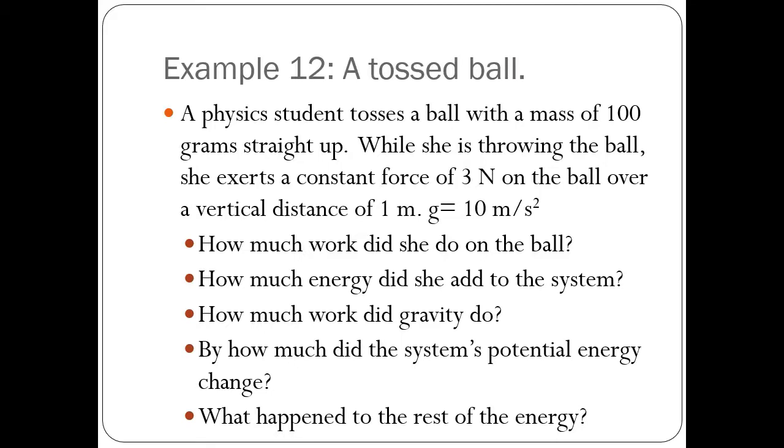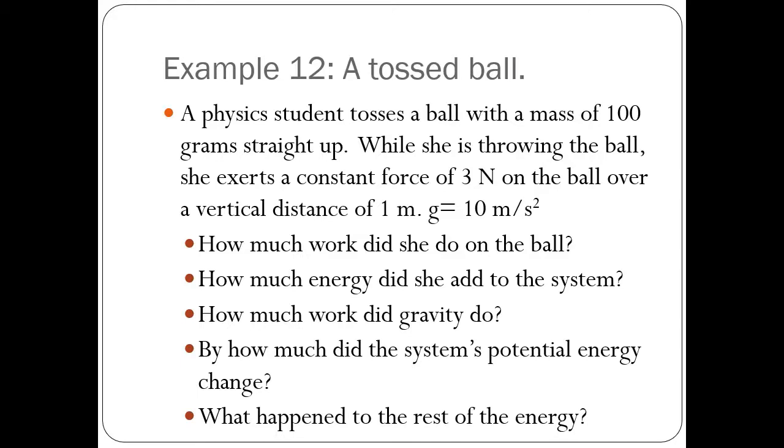And how much energy did she add to the system? Well, the work that she did on the ball is the work that she did on the system if we consider the system to be the ball and the earth together. So 3 joules. How much work did gravity do? Well, the ball has a mass of 100 grams, which means the force of gravity is mg, so that should be 0.1 kilograms times 10, so that should be 1 newton.